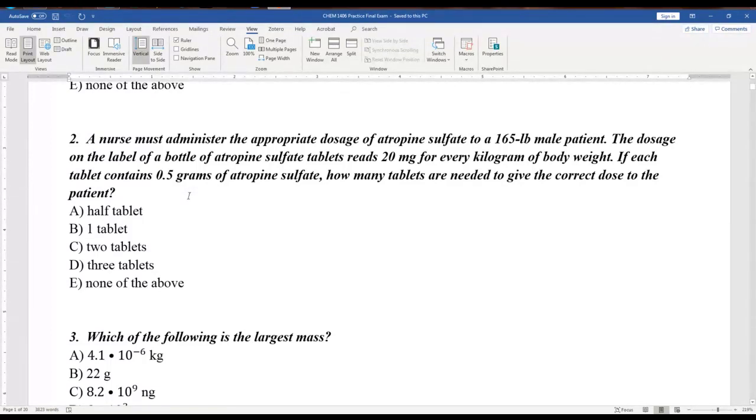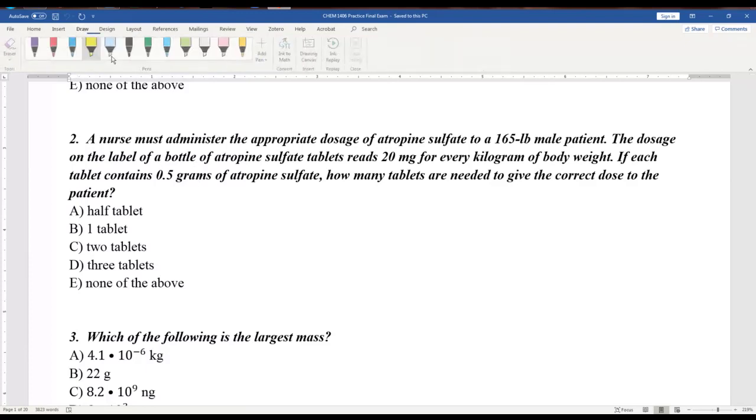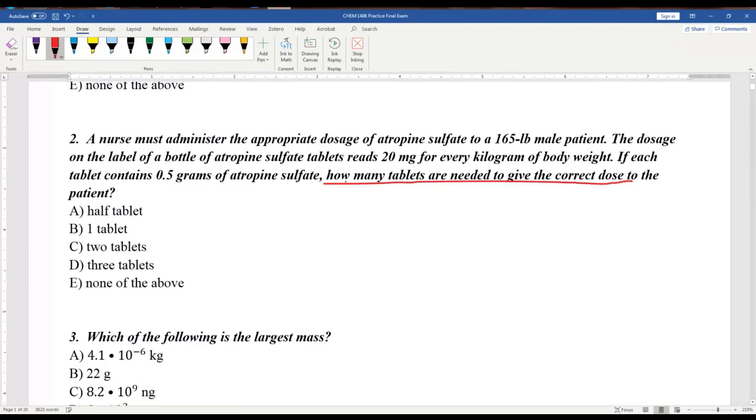Okay, so for a problem like this, a general rule for converting and conversion factors is you want to start with whatever is equal to what you're looking for. In this case, I am looking for how many tablets are needed for the correct dose.